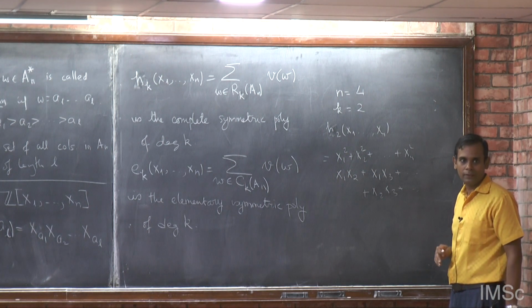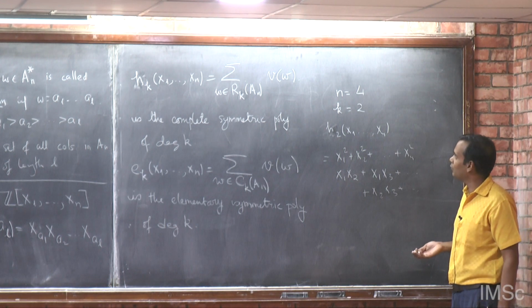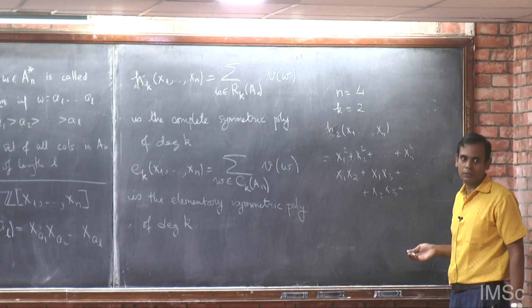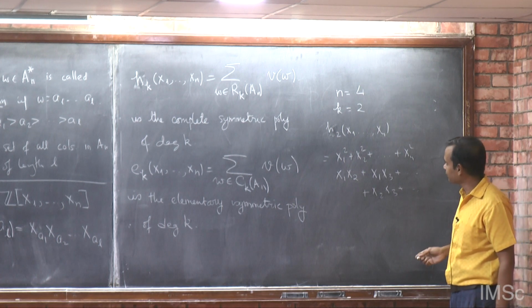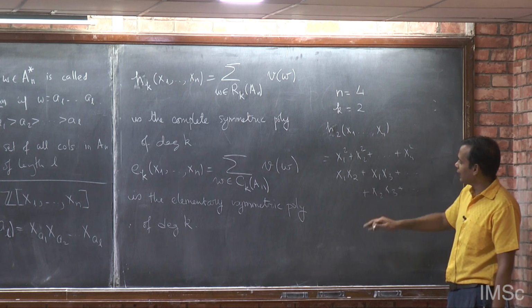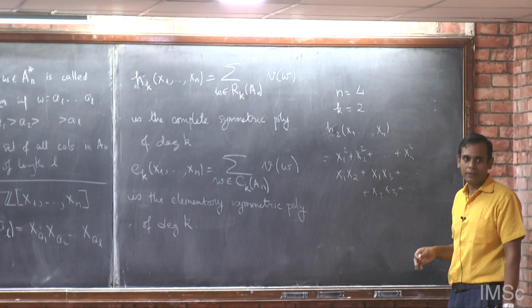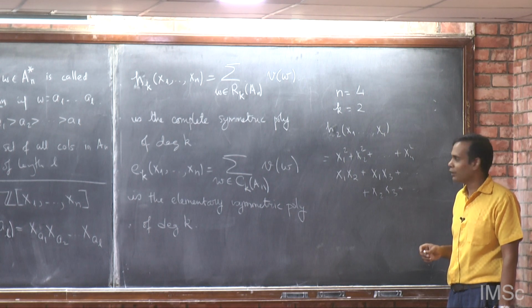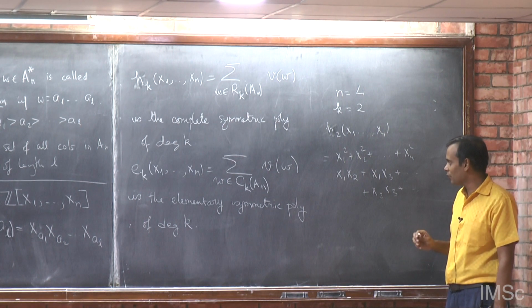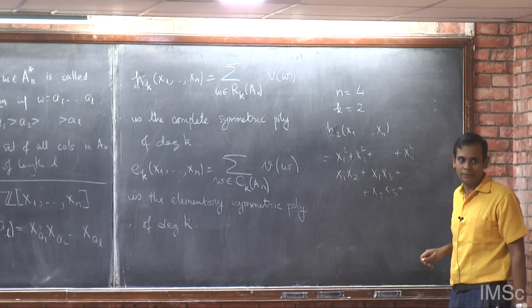So they are actually completely different families, except for k equals 1 when they are both equal. Okay, so if you look at degree 3, then you will have terms like x1 squared x2 in H3, but in E3 you will only be allowed to have terms of the form xi xj xk, where i, j, k are all different.